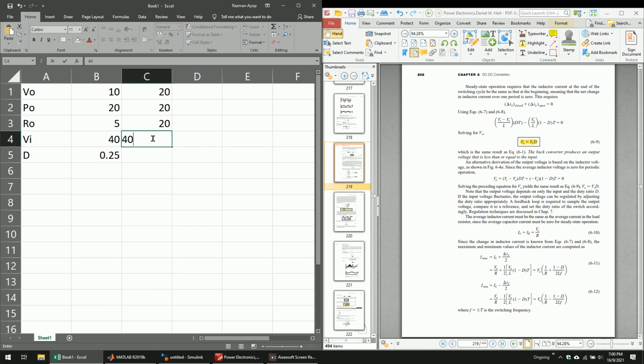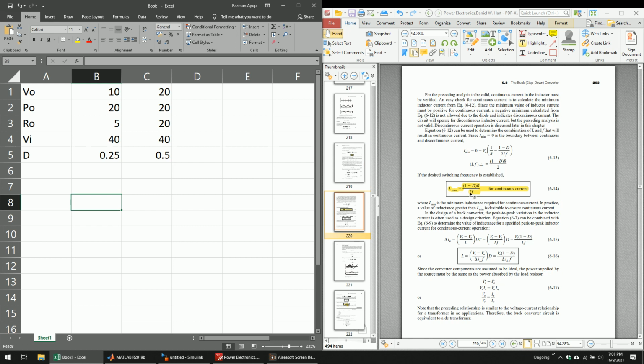With 40, if I drag this, I get 0.5. Because you have two loads that want the same power, you get two resistances and two duty cycles, because you have two voltage levels. Now you have completed the duty cycle calculation.